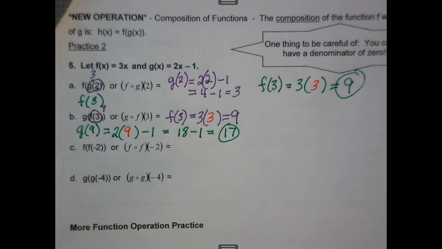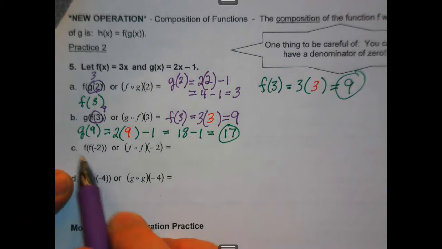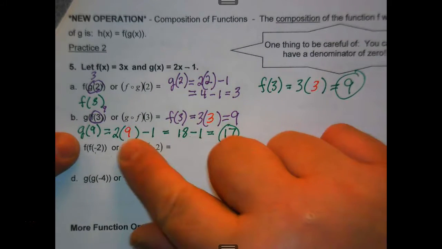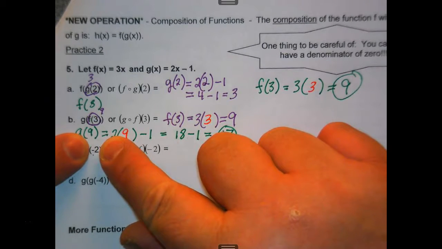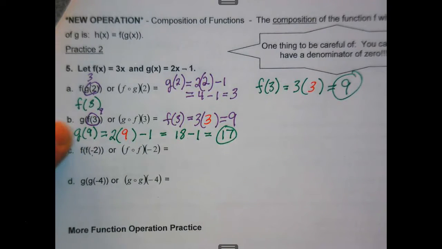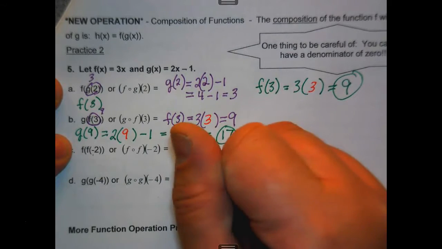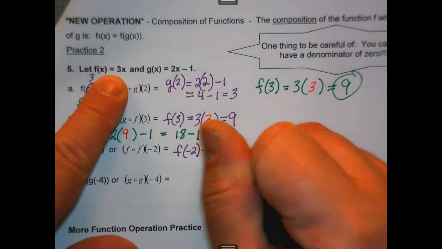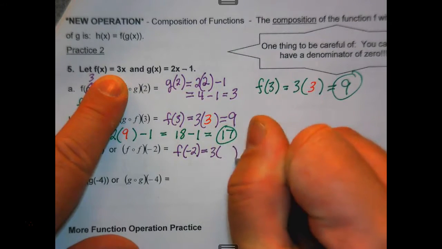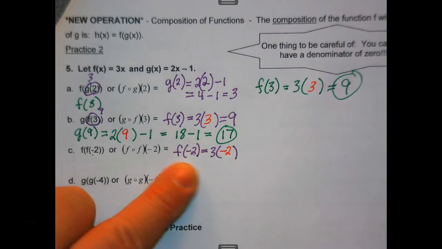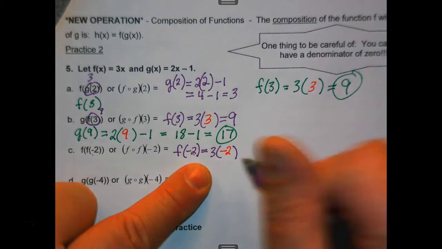C. I have to find the f of f of negative 2. It's my composite function. I start with the innermost function, which is the f of negative 2. So I have to find the f of negative 2. And my f function is 3 times x, and my x is negative 2. 3 times negative 2 is negative 6.